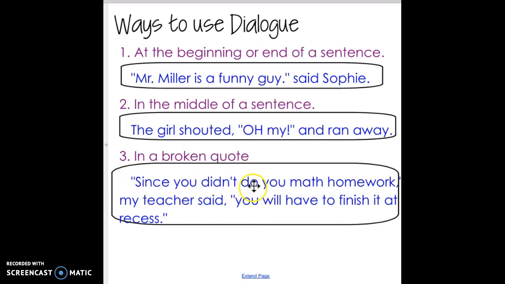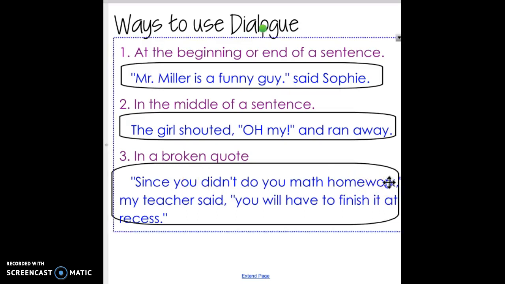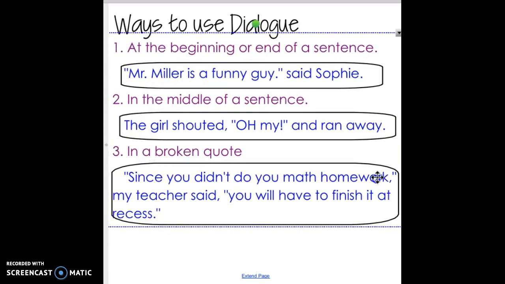"Since you didn't do your math homework," my teacher said, "you will have to finish it at recess." So it's broken up here, meaning that my teacher said is breaking the quote into two pieces. So, "Since you didn't do your math homework," comma, quotes, my teacher said, comma, quotes again, "you have to finish it at recess," period, quotes. Okay?